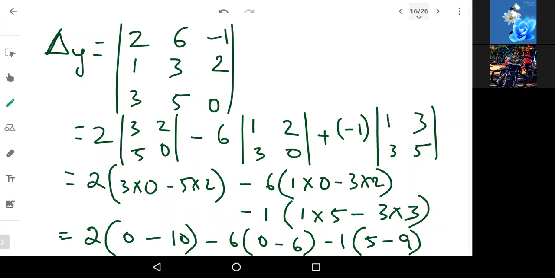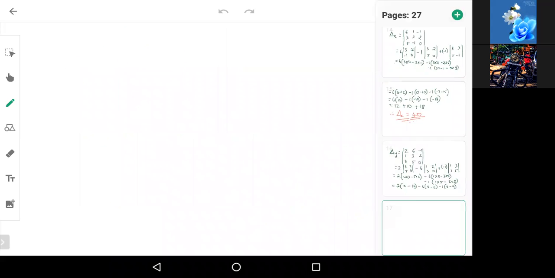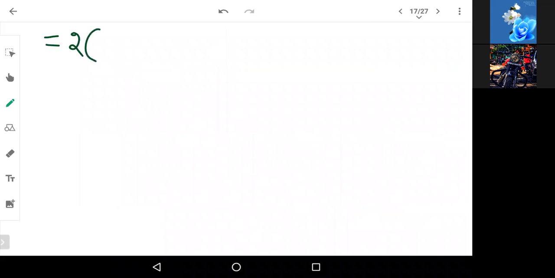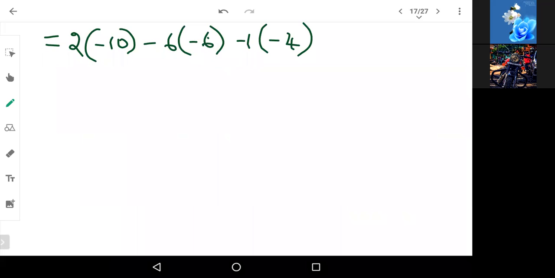Okay. So in the next step, 2 into −10 minus 6 into −6 minus 1 into −4. So this will be −20 plus 36, 6 6s are 36, plus 4.